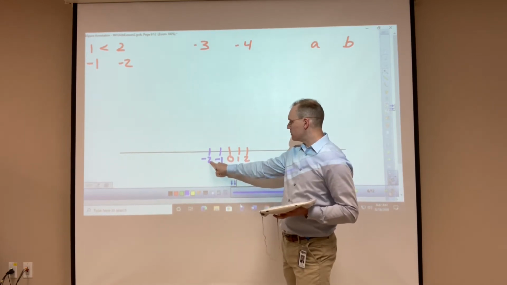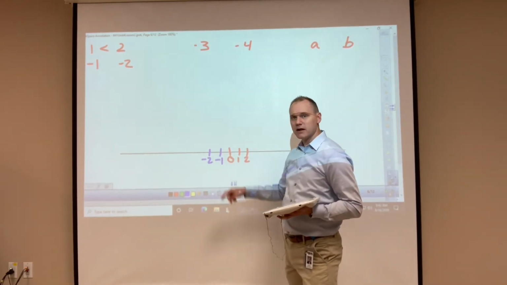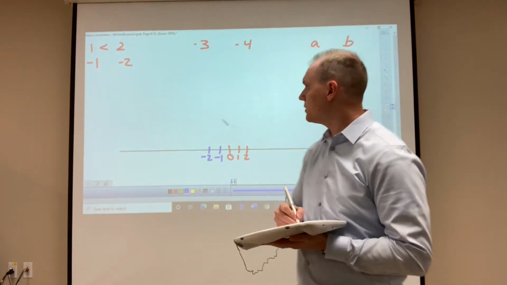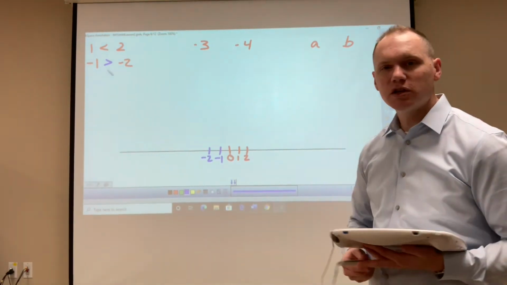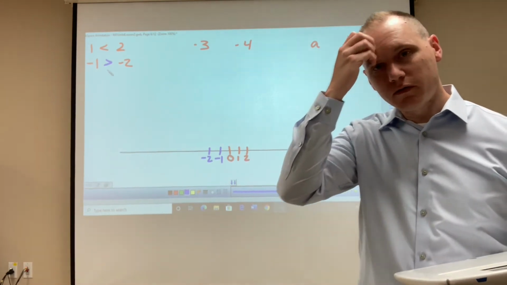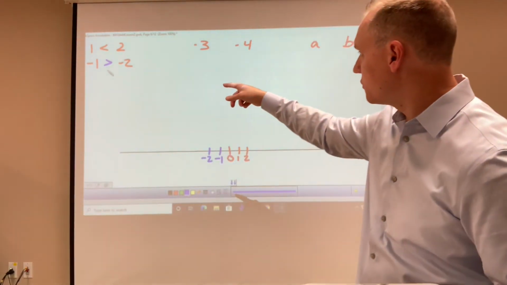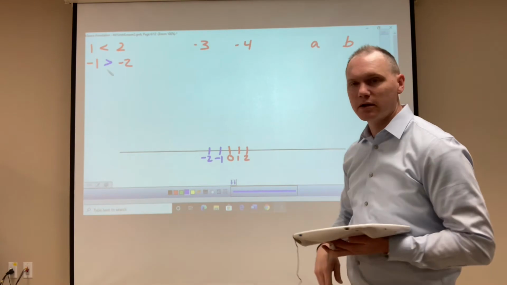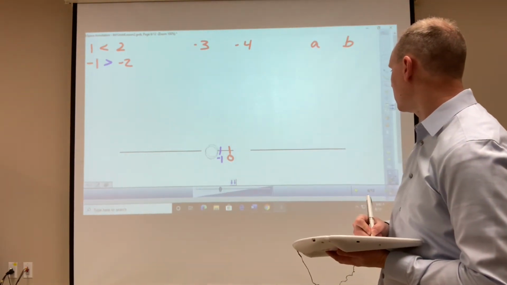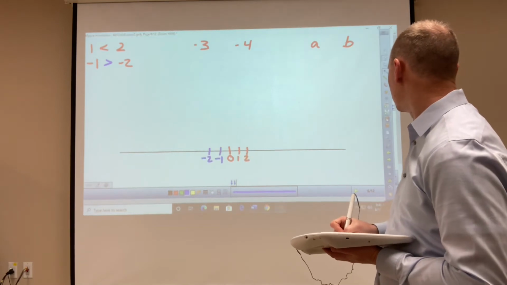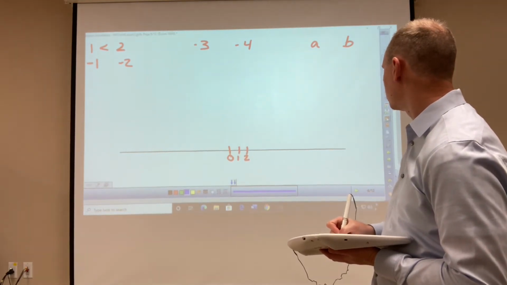Oh, -2 is now less than -1. So what happens is the relationship between the two reverses. Now -1 is actually greater than -2. Okay, same thing. Let's move on to the next one here.